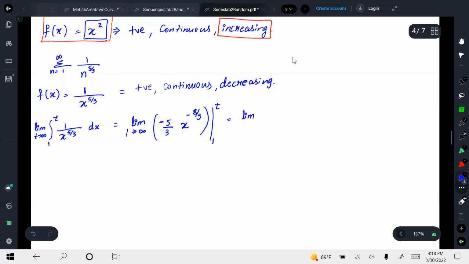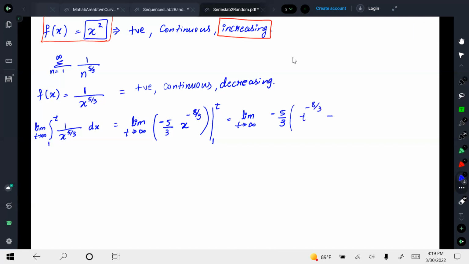Let me change it to t. I will take the constant outside. So all I am left with is x to the power of negative 8/3. So this will be, with upper limit t, t to the power of negative 8/3 minus 1 to the power of anything, which is 1. So I'll just write 1.